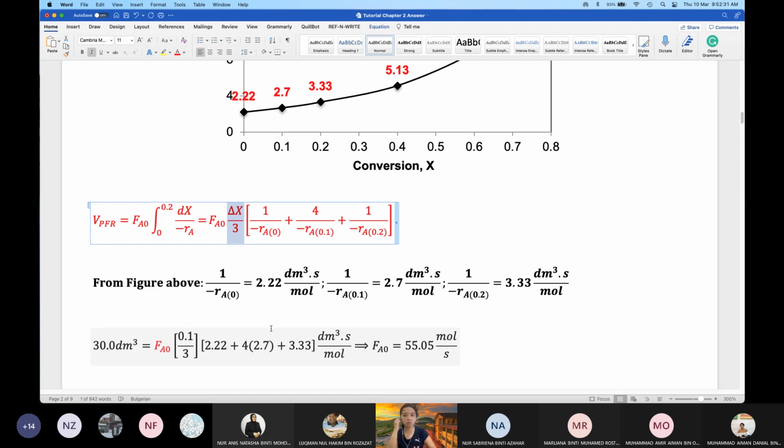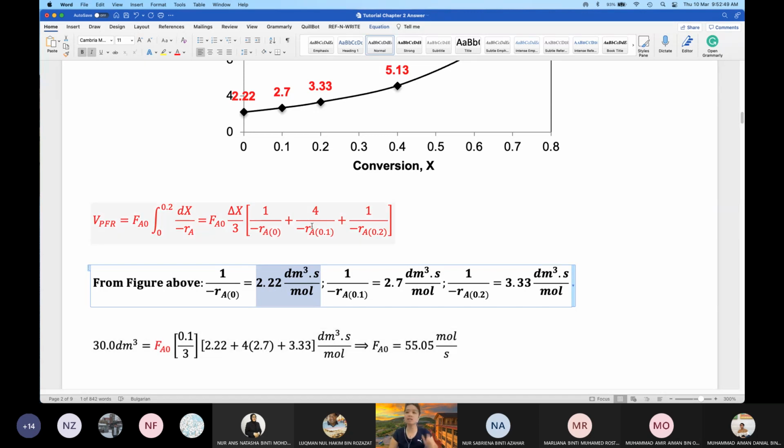When my X is 0, 1 per minus RA is 2.22. So replace 2.22. Straight away ganti nombor sebab 2.22 itu adalah 1 per minus RA apabila X saya kosong. Plus 4. Don't forget ada 4. So 4 multiply with 1 per minus RA when my X is 0.1.